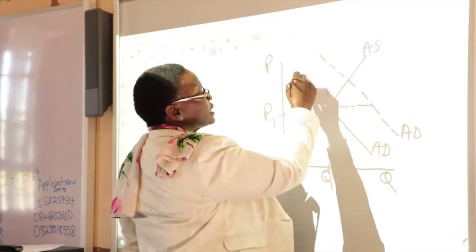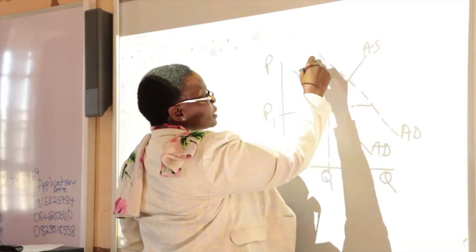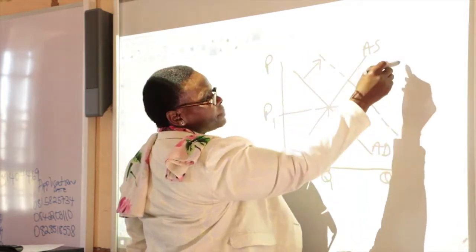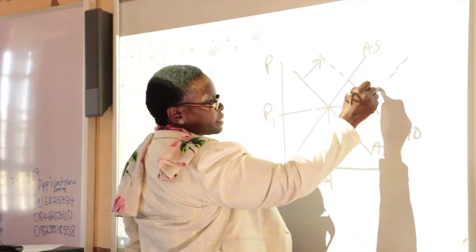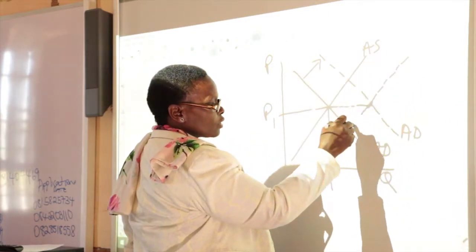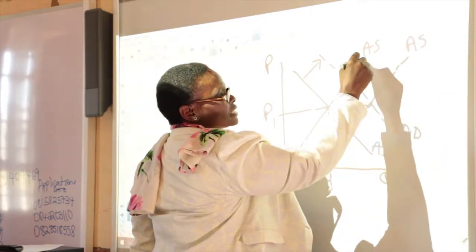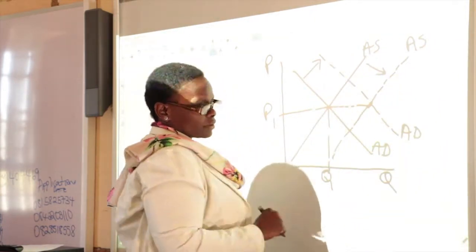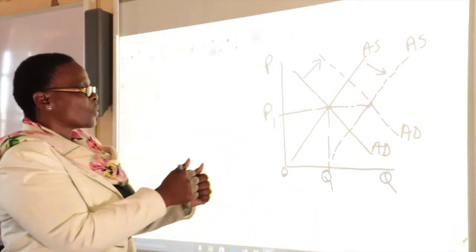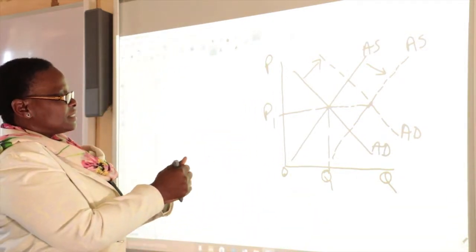So if aggregate demand increases, let us meet that increase in demand by increasing or producing more. So can you see now, they are now manipulating the supply side of the economy. That is how the two are married.